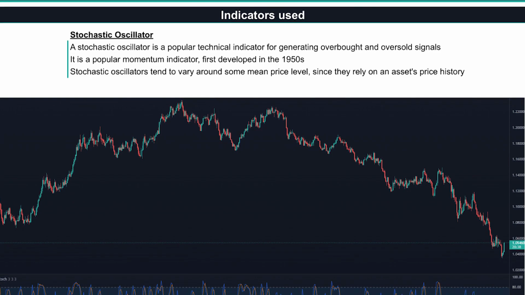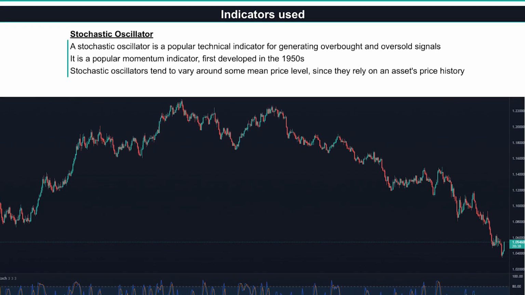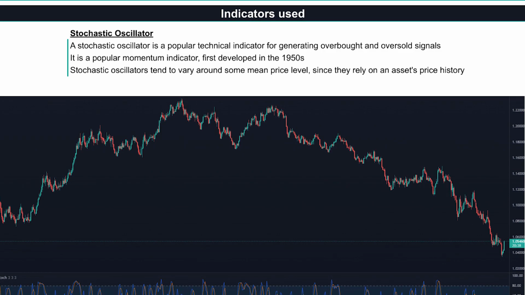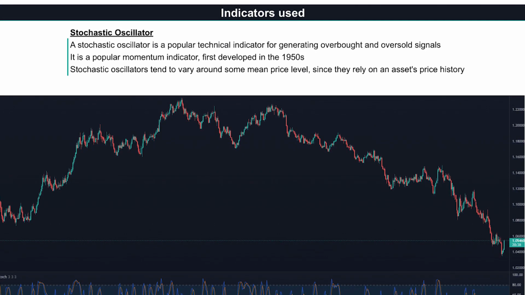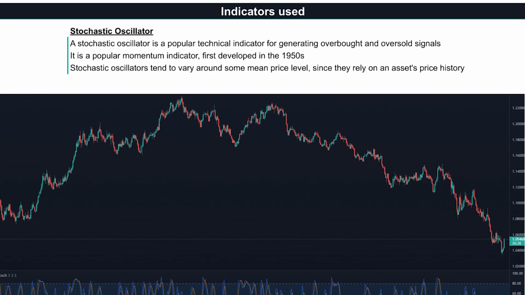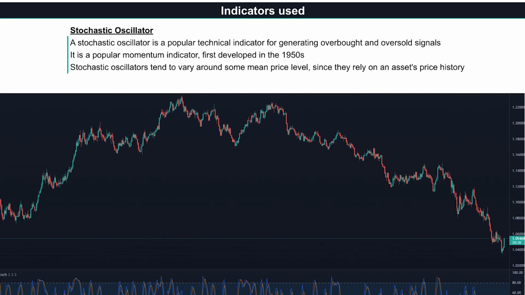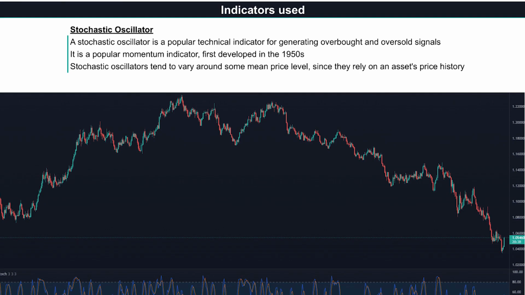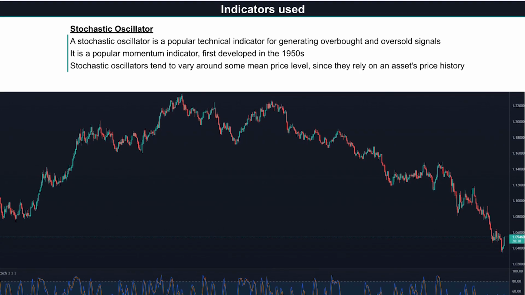Divergence between the stochastic oscillator and trending price action is also seen as an important reversal signal. For example, when a bearish trend reaches a new lower low, but the oscillator prints a higher low, it may be an indicator that bears are exhausting their momentum and a bullish reversal is brewing.